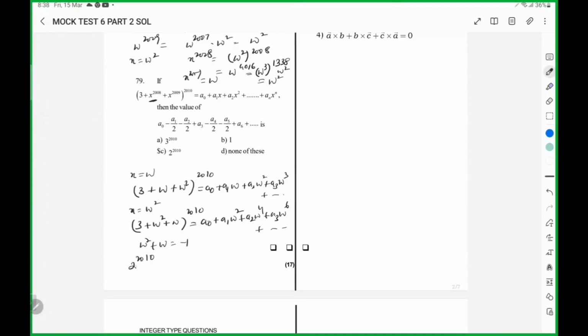Say this is 1 and say this is 2. Adding 1 and 2, 2 times 2001. A1 into omega plus omega square. Omega power 4 is omega cube into omega, which is omega. So omega cube 1, omega square 1, A3.